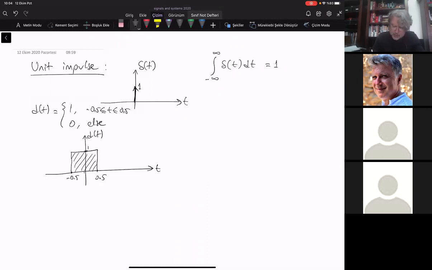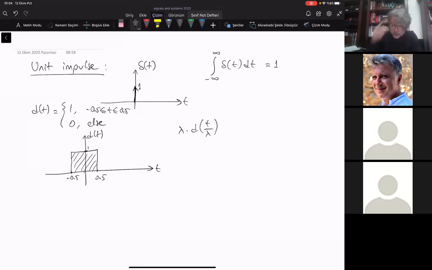The way that we can do it, for example, is something like this. We can think of lambda times d of t over lambda, where lambda is some large number.